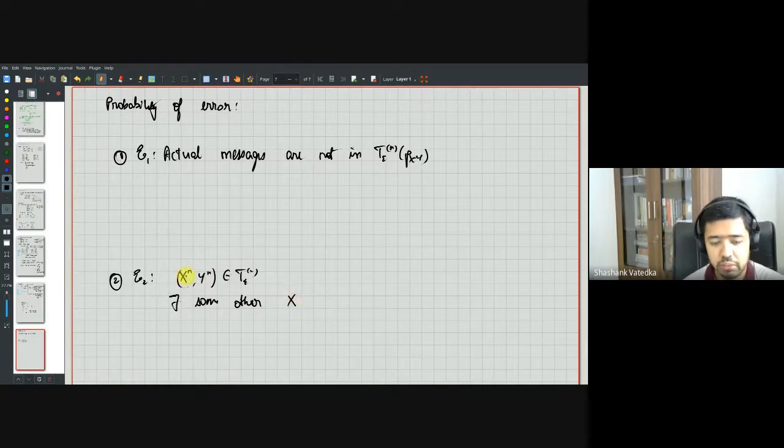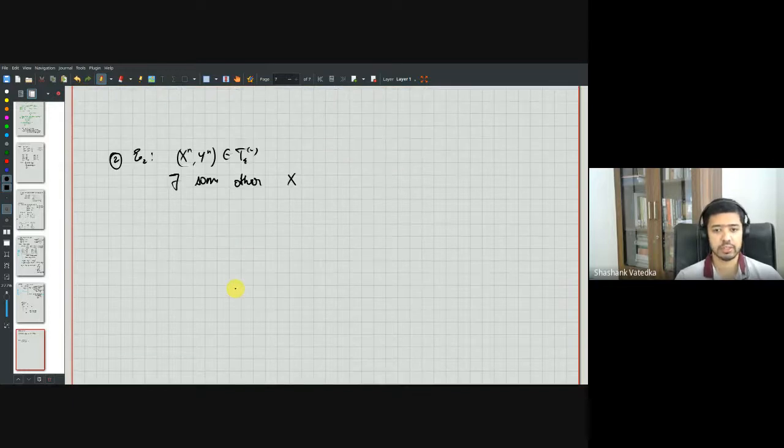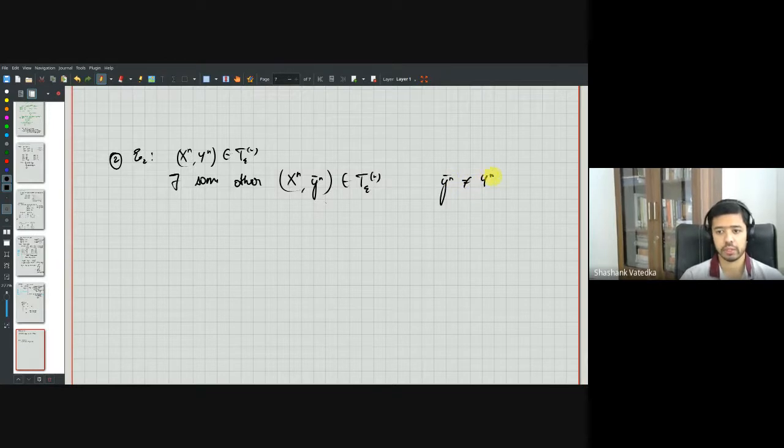So not just xn yn, but some other pair could also be jointly typical. And now there are three possible cases. So it's possible that xn and yn bar are in the typical set, epsilon n, for some yn bar which is not equal to yn. All right, so this is the first case.